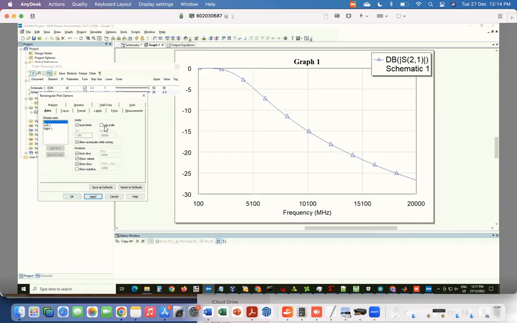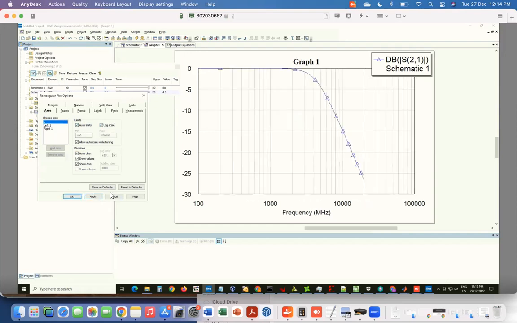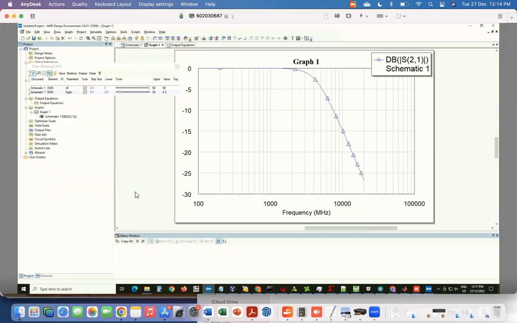I'm going to make the x-axis log scale. So this is now the same filter response in log scale, right? The y-axis is dB. The x-axis has been changed to log scale.